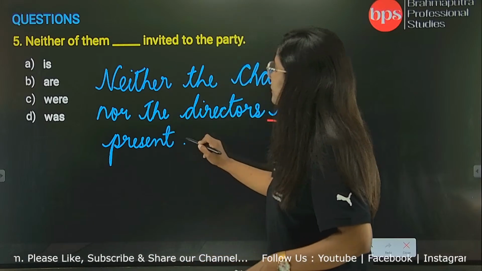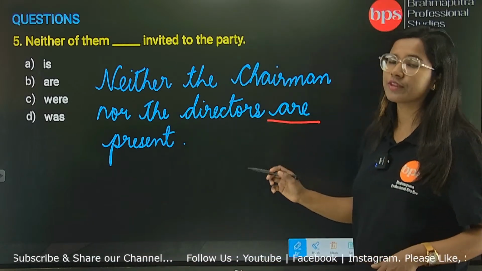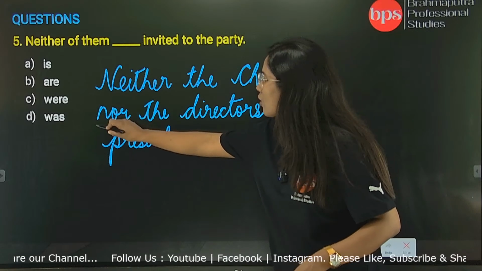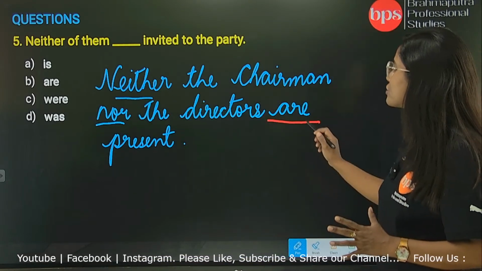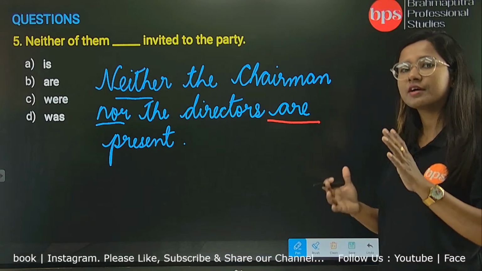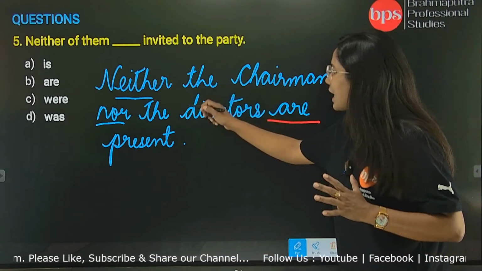Now the thing which we need to know here is, though the word neither is used and nor is used, you can see that neither and nor is used, but we are putting are here because here there is a reference to the directors.